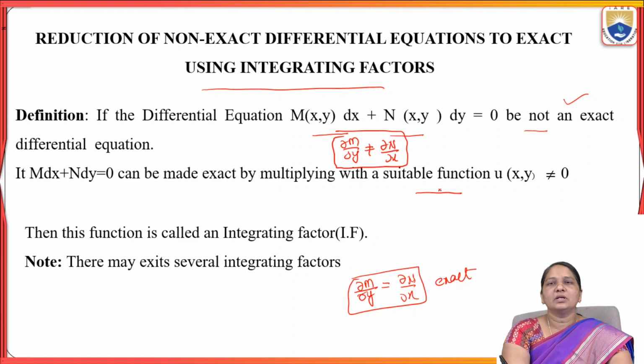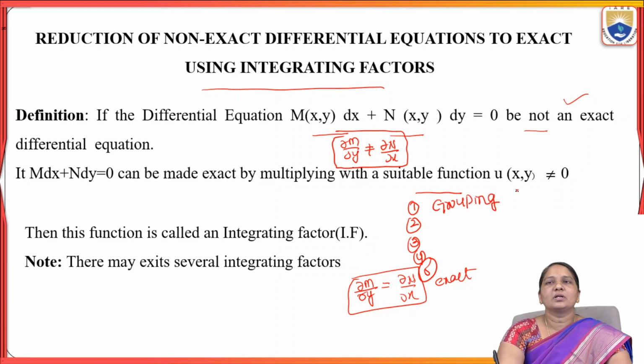So what are the integrating factors? We have different methods: method 1, 2, 3, 4, 5. In the first method, we group the terms to convert the non-exact equation into an exact one.